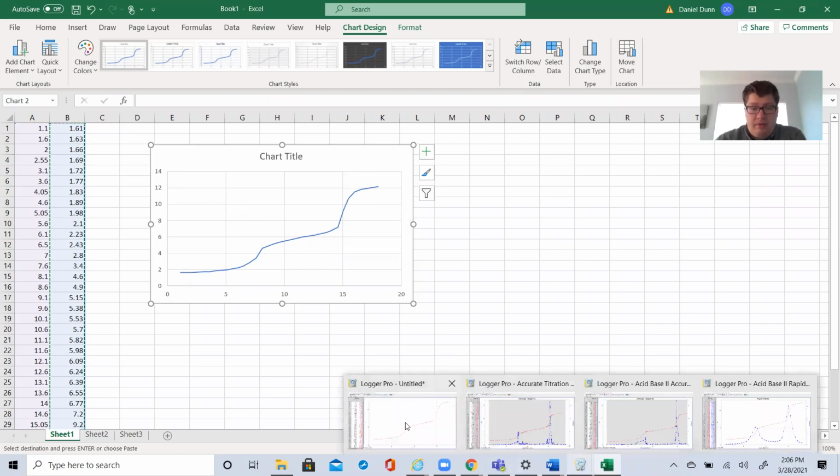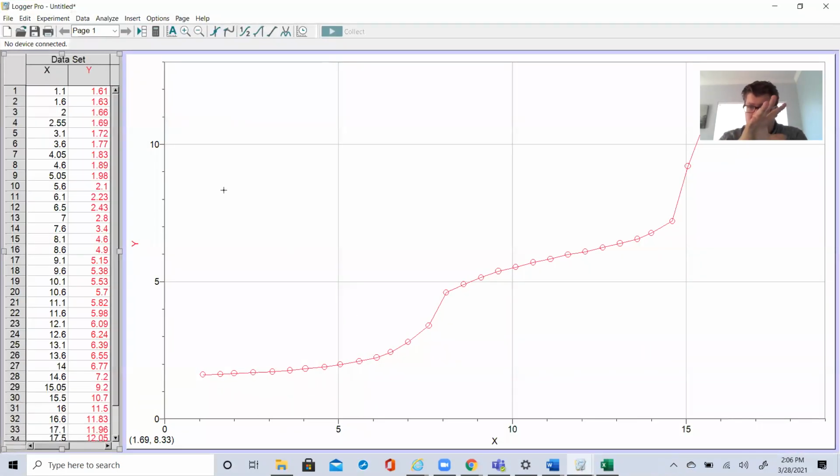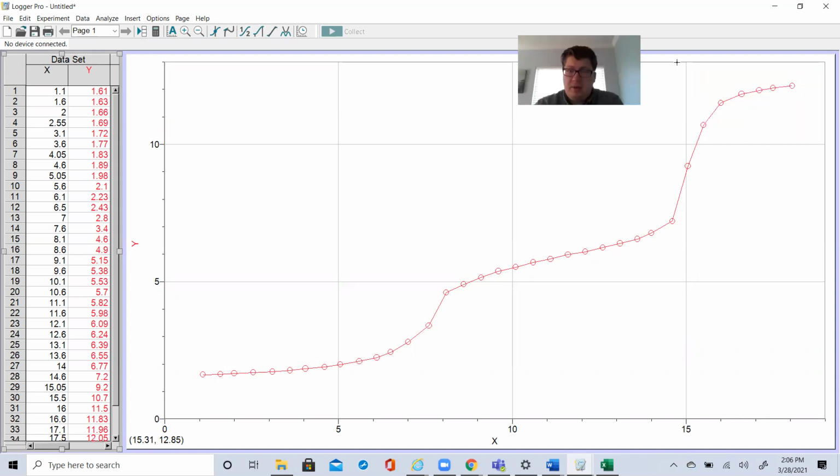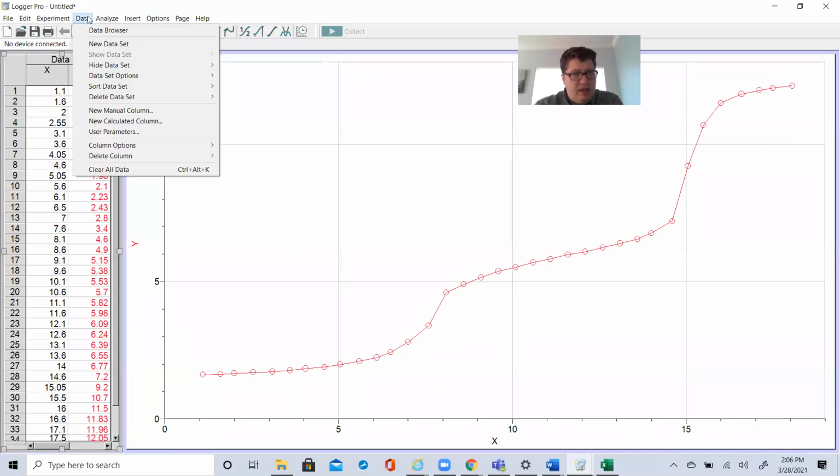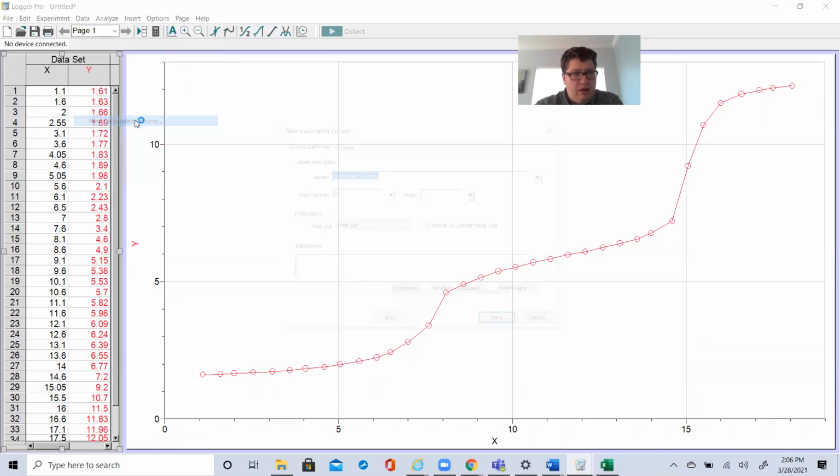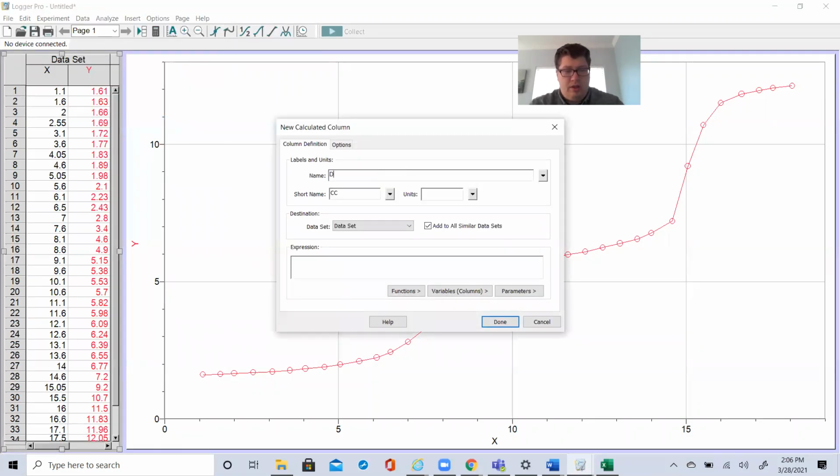Or you could take the information from Excel, put it into Logger Pro, and get this nice graph right here. It's the exact same graph. Again, we're going to do the derivative method via Logger Pro with calculus. Go into Data, New Calculated Column. We call it derivative.